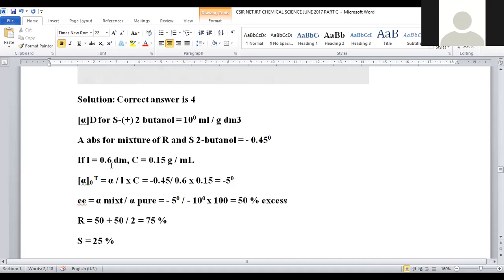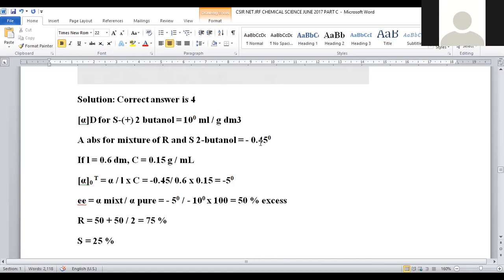So if l is equal to 0.6 and concentration is 0.15, then what is the formula for specific rotation? Specific rotation is equal to observed rotation divided by length into concentration.